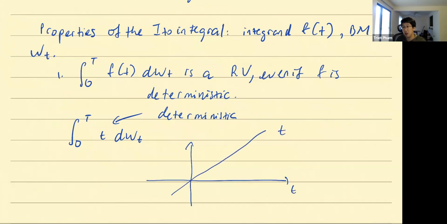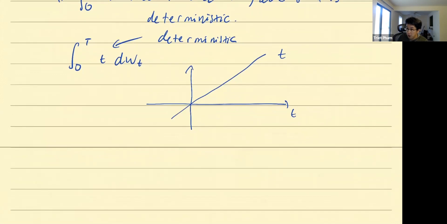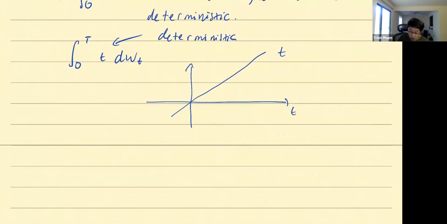The path of t is t. It doesn't matter how many times you look at it, it's still t. As far as we're concerned in this class, anything that only depends on time will be deterministic. So for example, this is also something I say is a deterministic integrand.